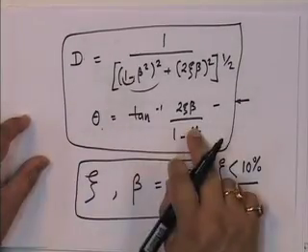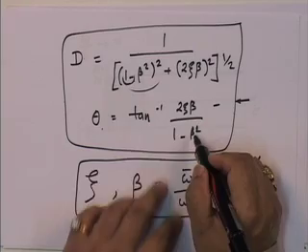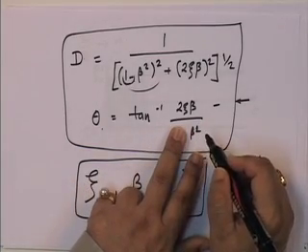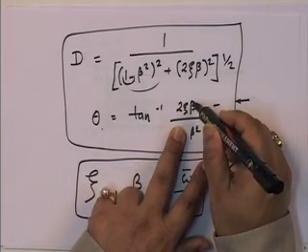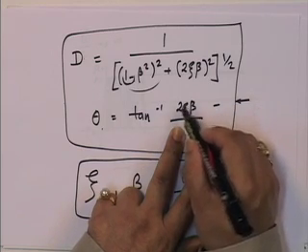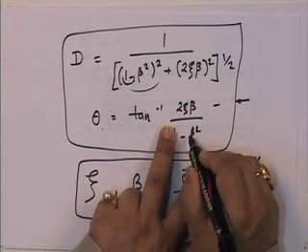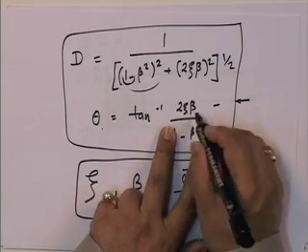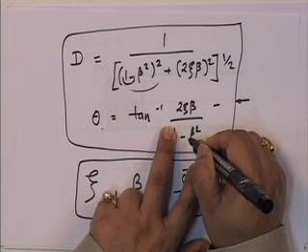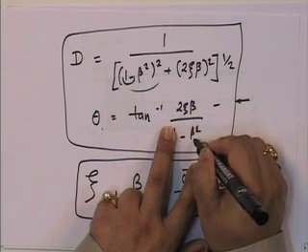It is very instructive to look at what happens to theta as beta tends to infinity. Theta is given by this term. As beta tends to infinity, note that this term disappears. So, what do you have? It becomes tan inverse of 2 xi upon minus beta, so it becomes minus 2 xi upon beta.